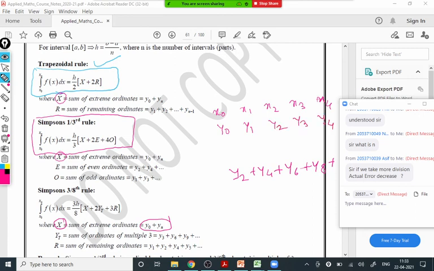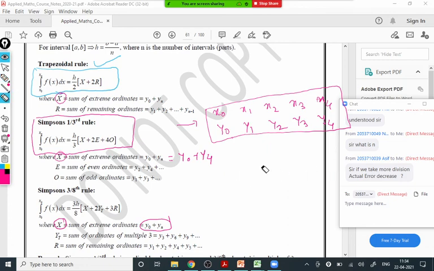Can anyone tell me what will be the value of X here? What will be the value of capital X for this table? y0 plus y4. Very good. But what will be the value of the sum of even ordinates now? y2, y4?